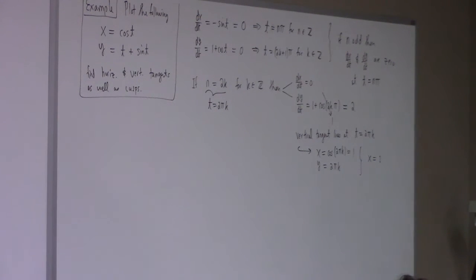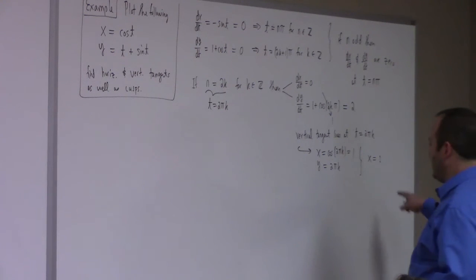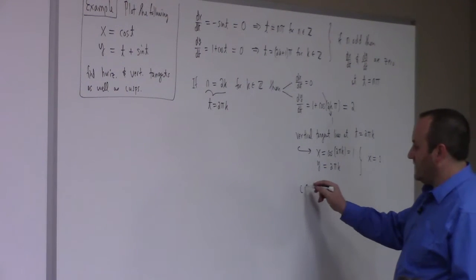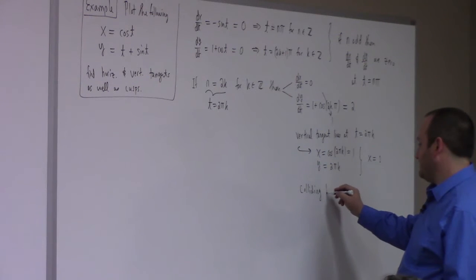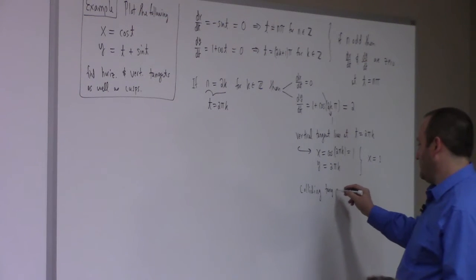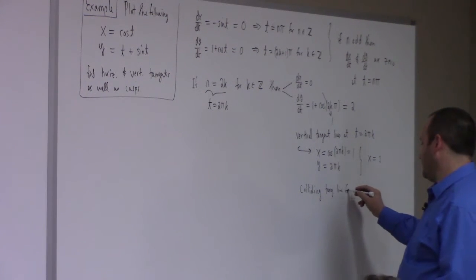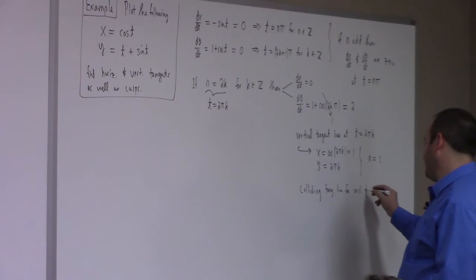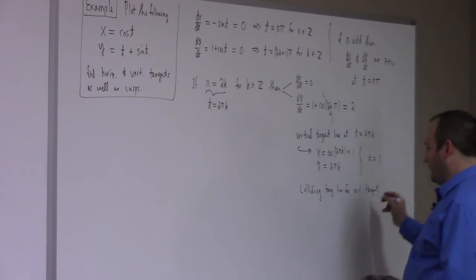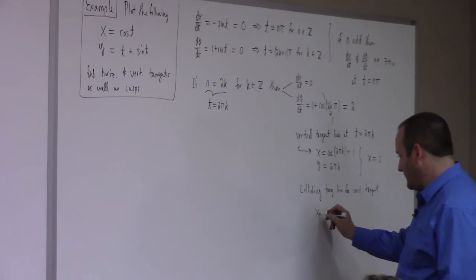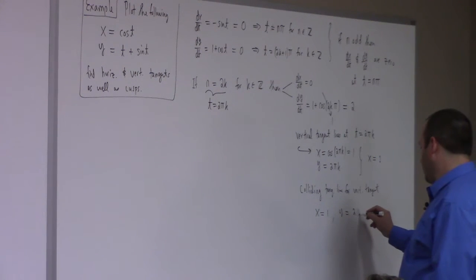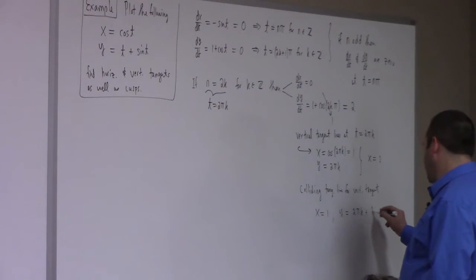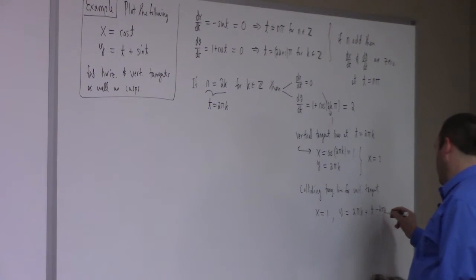If you use the tangent line for the vertical tangent, we would have x equals 1, and y is equal to 2 pi k plus 2 times t minus 2 pi k.